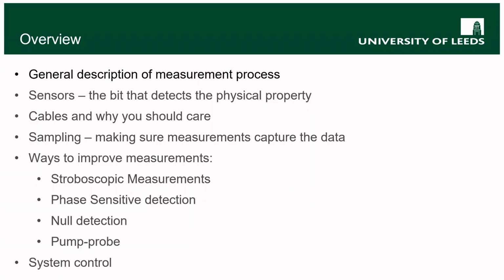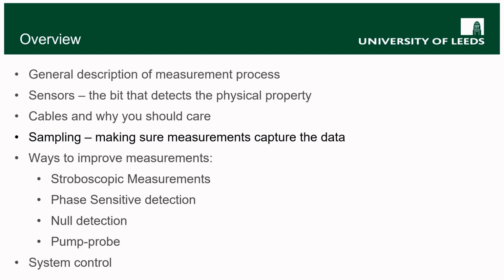So an overview of what we're going to talk about in this series of videos. We're going to start off with the general description of the measurement process. We're going to talk about sensors, the bits that actually detect a physical property. We're going to talk a little bit about cables and why you should care about cables. Going to talk about sampling, which is making sure that your measurements are actually capturing the data.